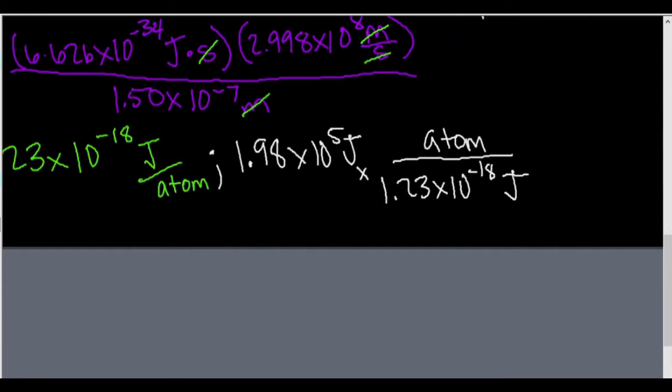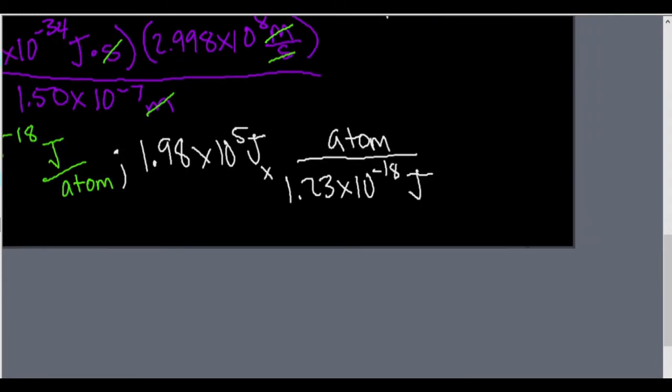So when you do this math, unit-wise, you'll get atoms. Sorry, that kind of cut off. And so units cancel, joules is gone, atoms is all that's left.